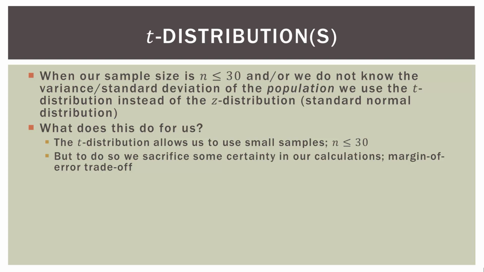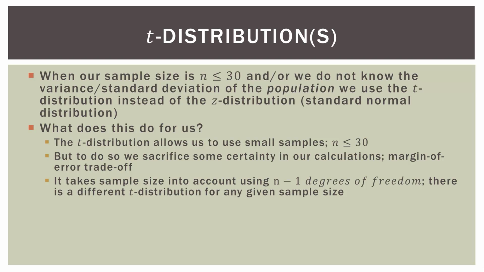And what that means is that when I say, give or take, this is what the GPA is, that give or take, or margin of error, is going to be a little bit wider. We're going to have to give ourselves a little bit more wiggle room when we're using a small sample. So we can use small samples, but we have some trade-off with the level of certainty.